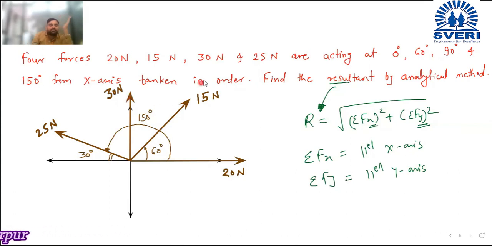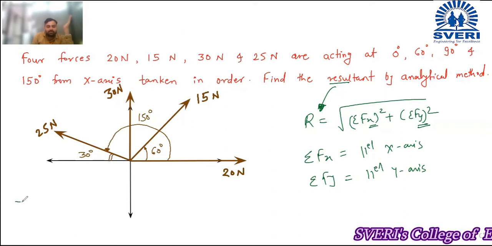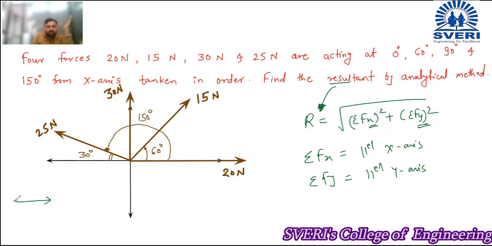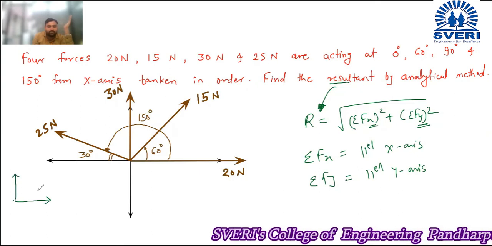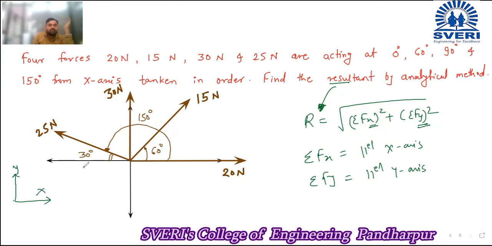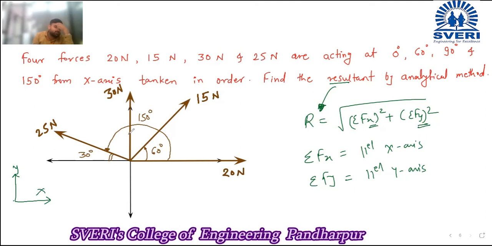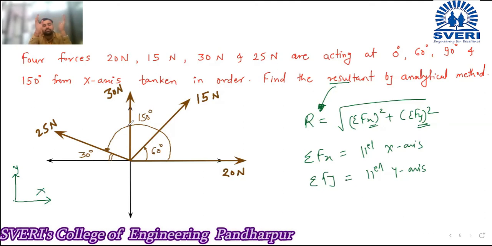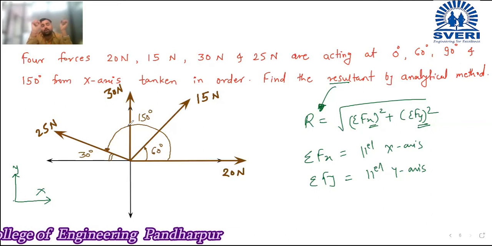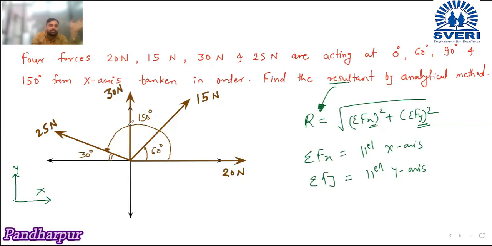This is our reference plane. So this 30 Newton force is parallel to the y-axis. It is a vertical force, so there is no need to resolve it. So 30 Newton will remain as it is.